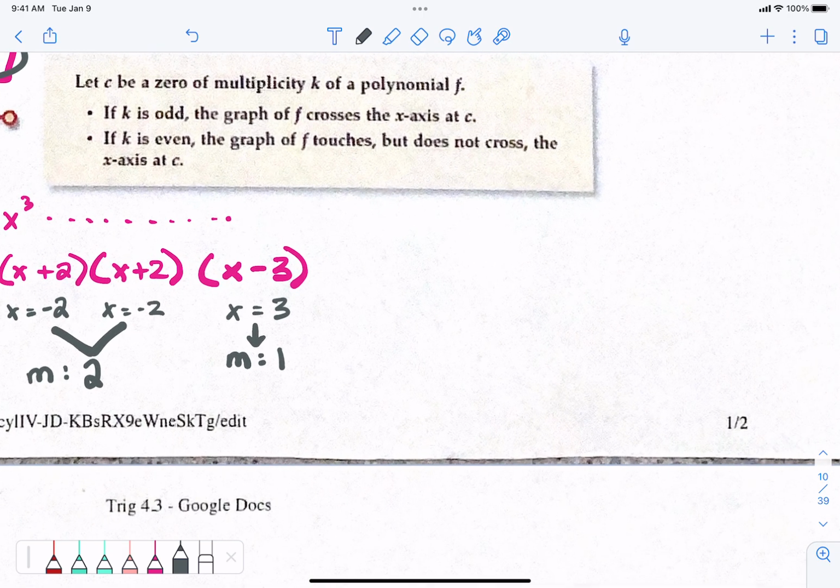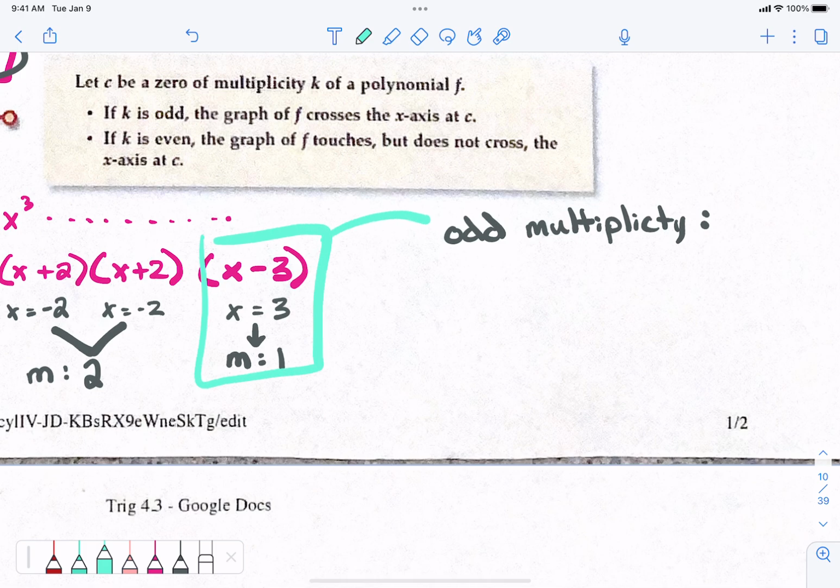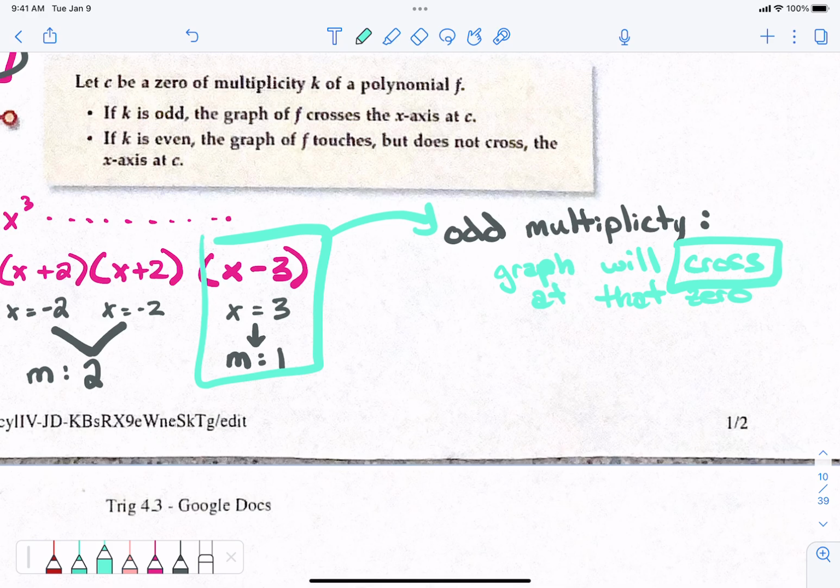Write this down. If it has an odd numbered multiplicity, like this one, the graph will cross at that 0.